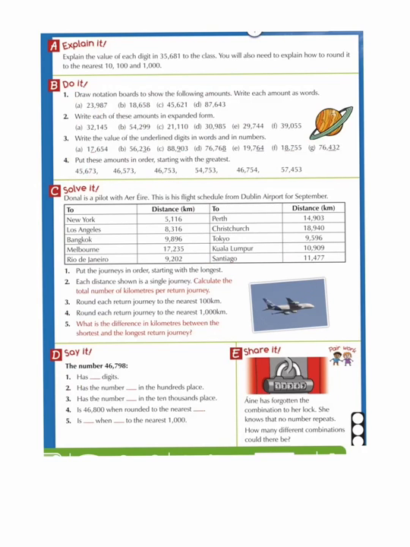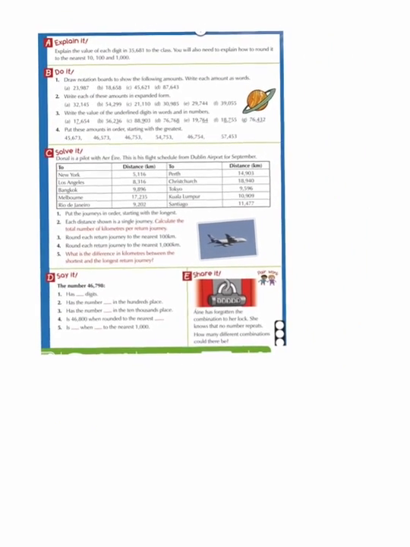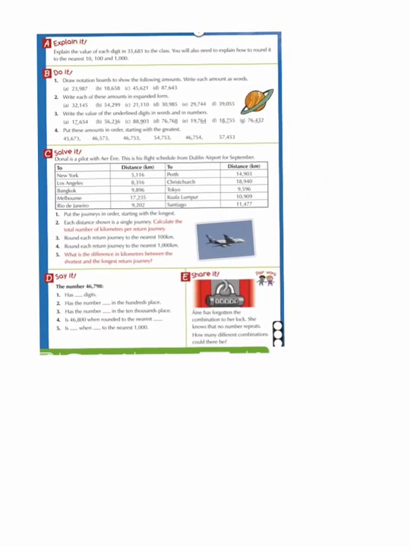This is where we want to focus on, boys and girls. Donal is a pilot with Aer Aire. This is his flight schedule from Dublin Airport for September. So he's going to fly to New York, Los Angeles, Bangkok, Melbourne, etc., etc. And boys and girls, what you're asked to do here, you're going to put the journeys in order, starting with the longest.